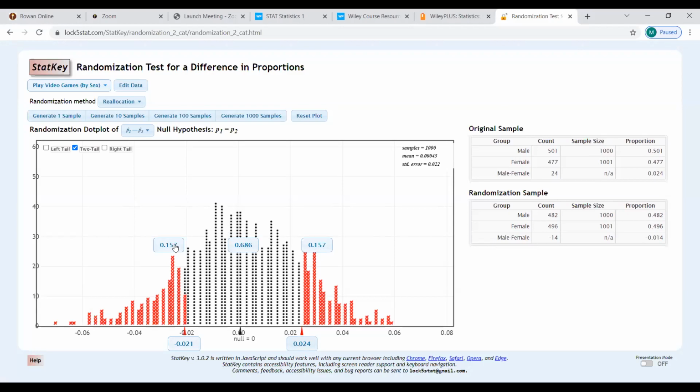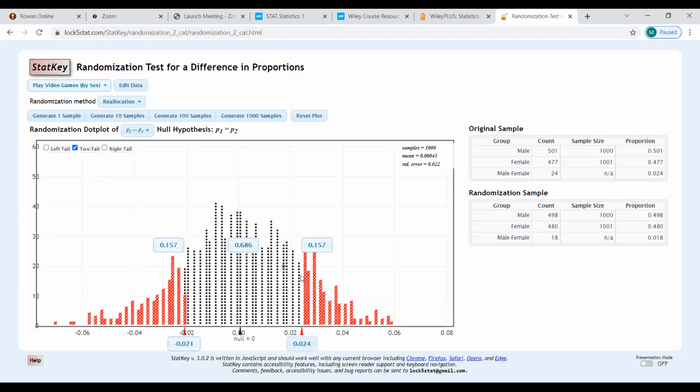Now, the p-value in a two-tail test, you should write this down, is going to be 2 times this 0.157. Because it's two-tail, to get a sample at least 0.024 or greater, the probability is going to be 0.157 times 2, because there's also a left tail out here.